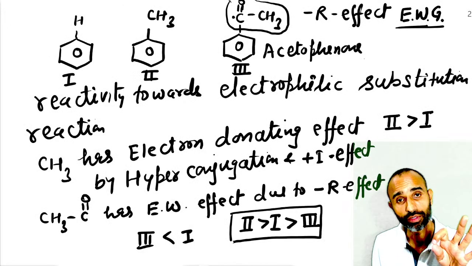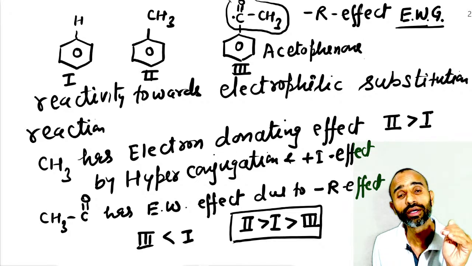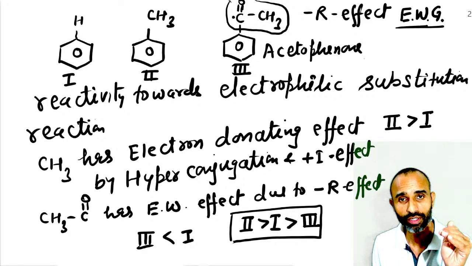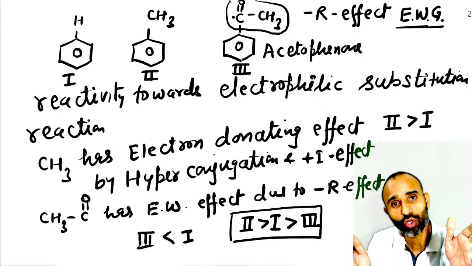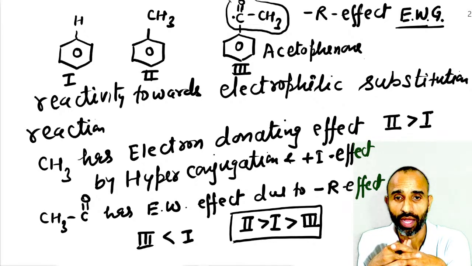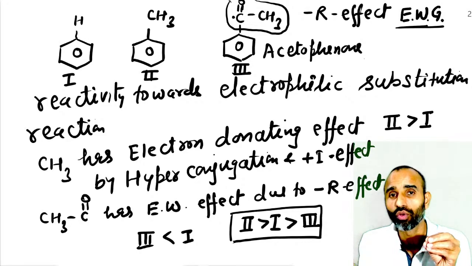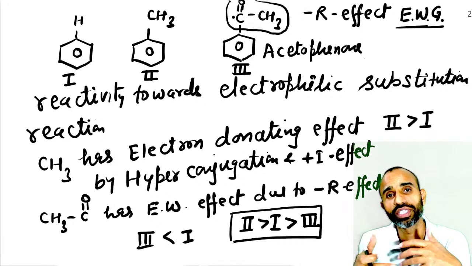The second is more reactive because of the releasing effect. Electron releasing groups are activating groups; they activate the ring towards electrophilic substitution reaction, because they increase the electron density on the ring, so attack of the electrophile is facilitated.